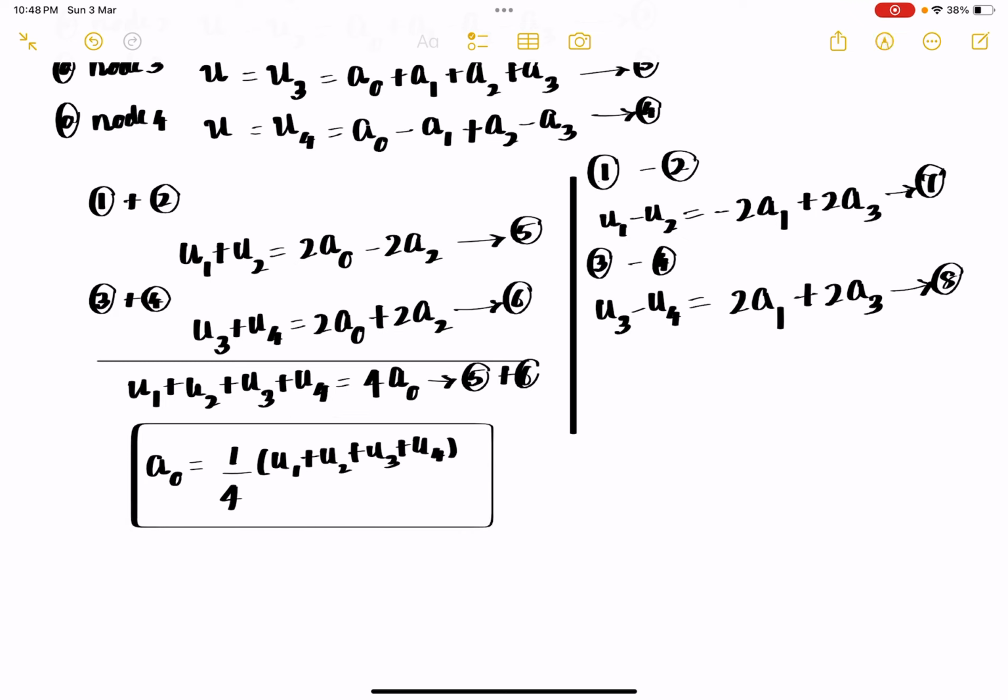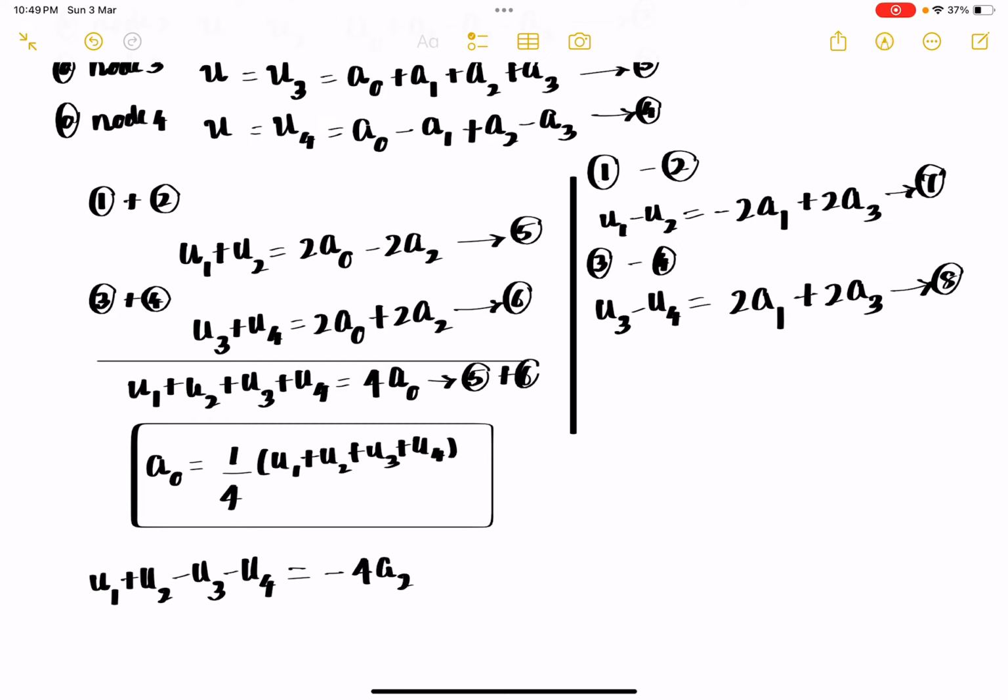Now, I'm going to subtract 5 and 6. Let me see what comes if I subtract 5 and 6. I'll be getting U1 plus U2 minus U3 minus U4 is equal to minus 4A2.